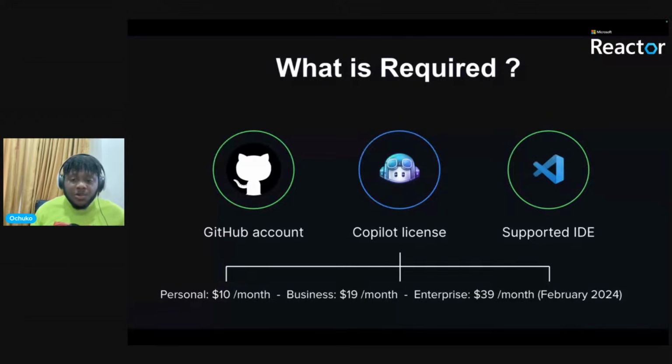You can use Copilot on github.com. You can use it on standalone platforms. But for this presentation and this talk, we're going to be focusing on the IDE and a little bit of github.com as well. You can see the prices just below for the different tiers of Copilot licenses.